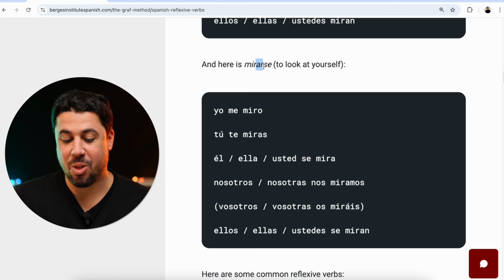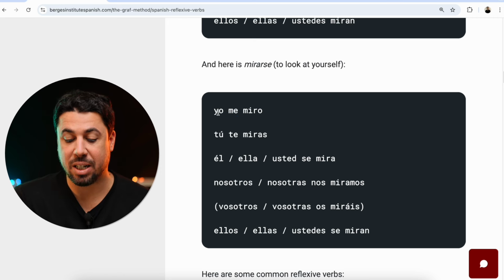Then we forget about the AR, so we remove the R's part at the end. And then we conjugate mirar as a regular verb, miro, miras, mira, and we add the reflexive pronoun, which is me, te, se, nos, os, se.